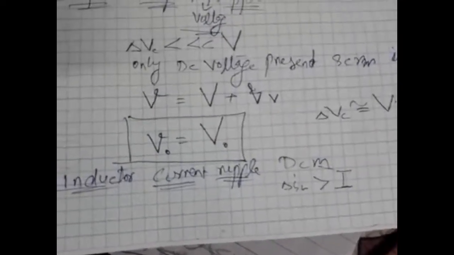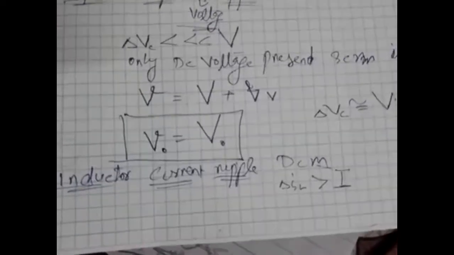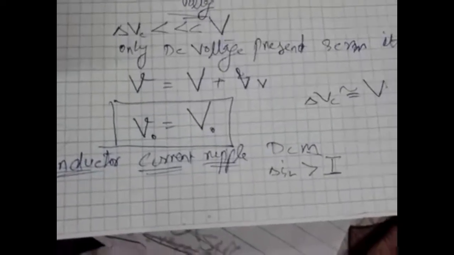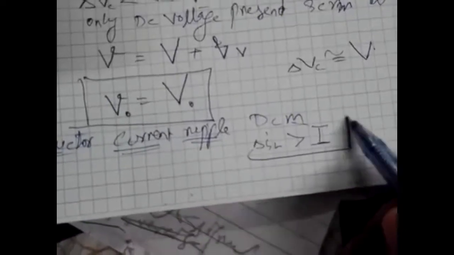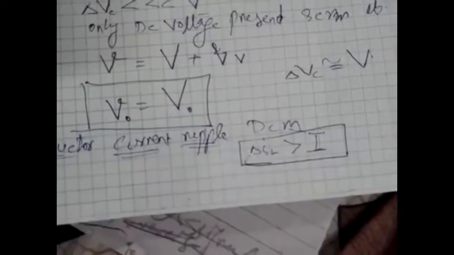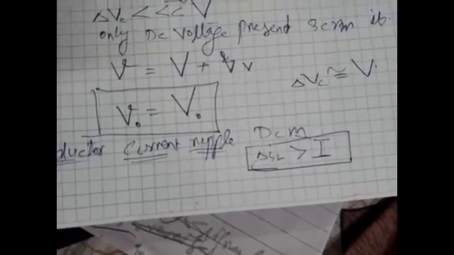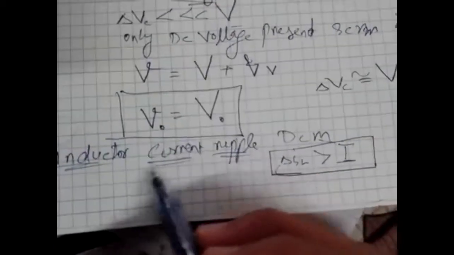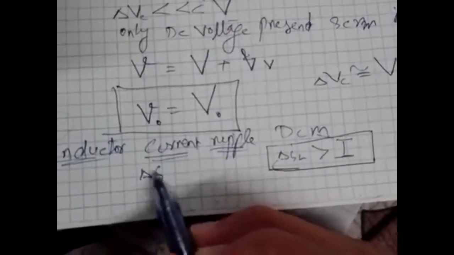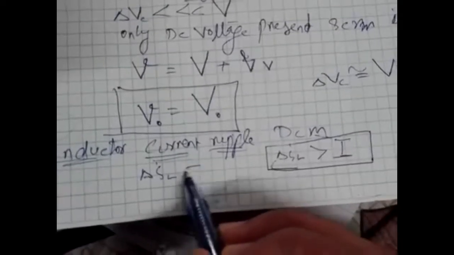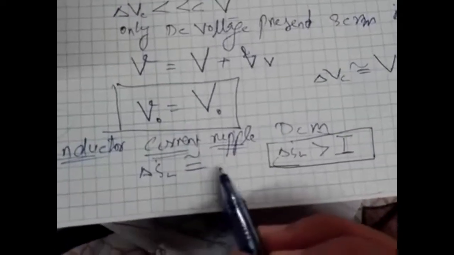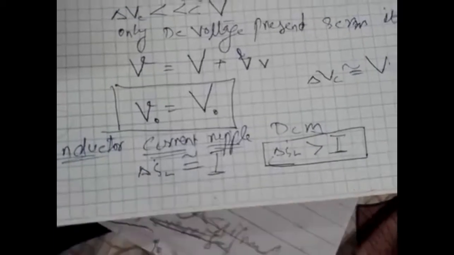So here the small ripple approximation cannot be applied because of DCM, or according to the condition which the DCM circuit obeys. That's why we do not equate the inductor current to the DC current.